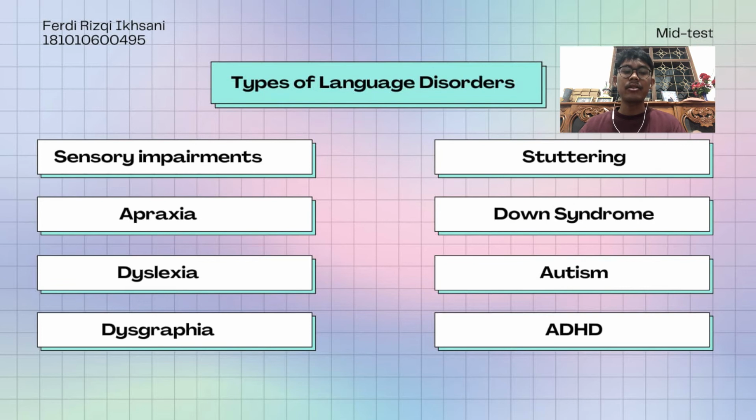And second is apraxia. Apraxia is an effect of neurological disease. It makes people unable to carry out everyday movements and gestures. A symptom of apraxia is difficulty imitating speech sounds. Okay, this is dyslexia. It is a learning disorder characterized by difficulty reading.